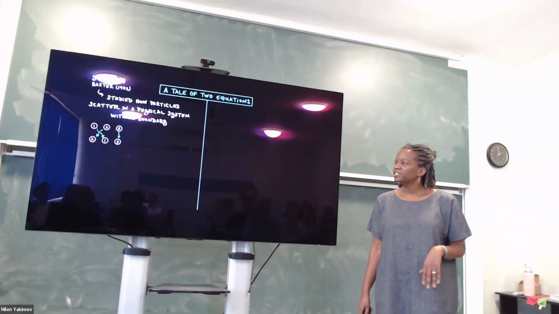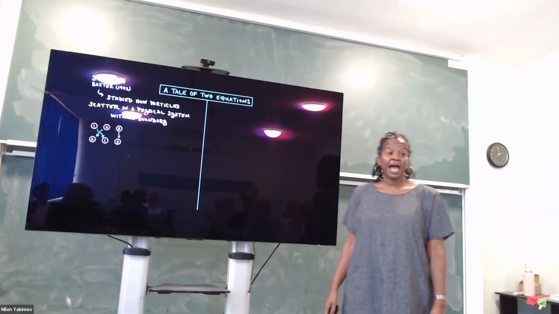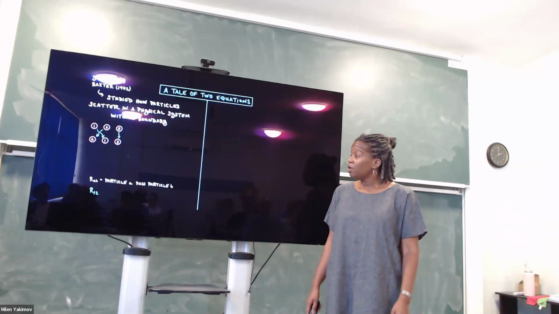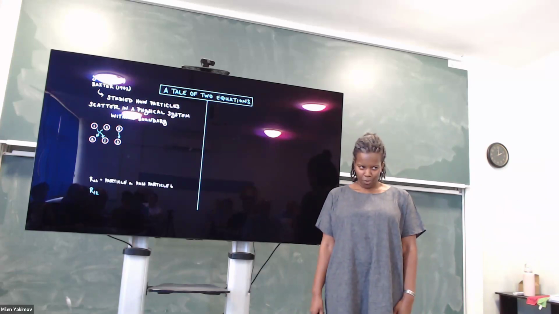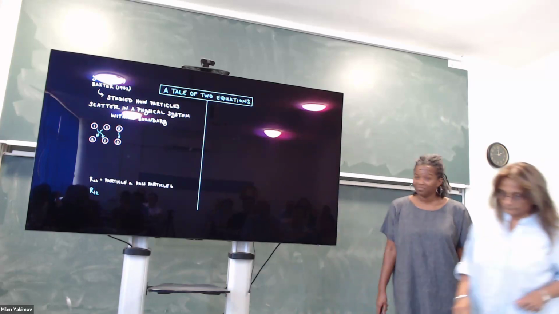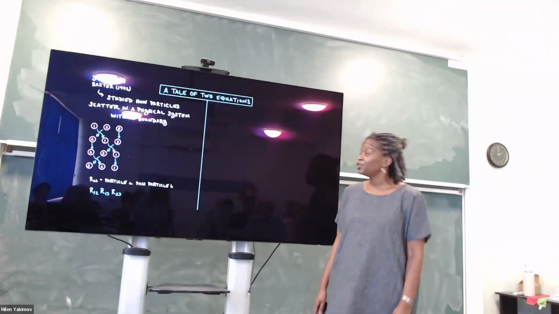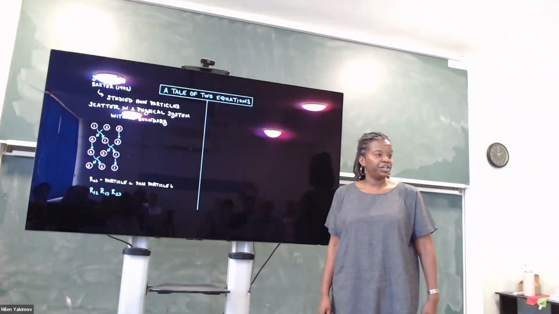So a toy model for this is you can take three particles labeled 1, 2, 3, and maybe you want to pass 1 by 2. Well, you can represent that with a symbol, R12, where RAB means passing particle A by particle B. And then maybe you want to repeat the process and pass 1 by 3 and then 2 by 3. We get this expression here.